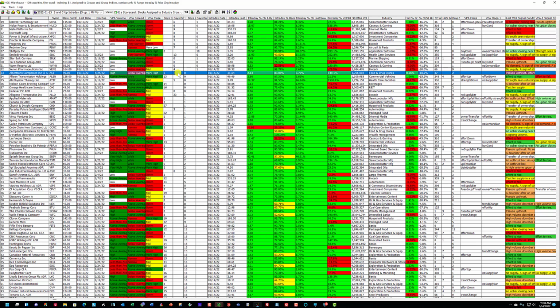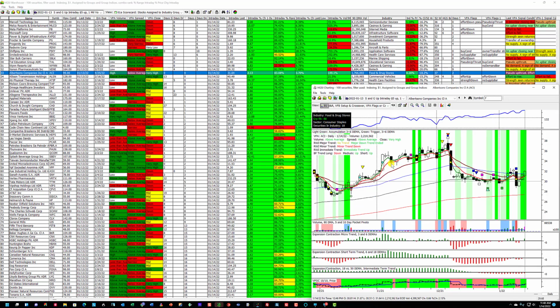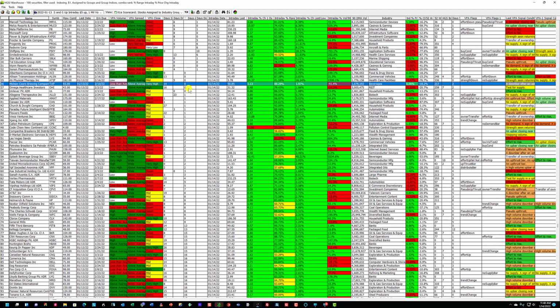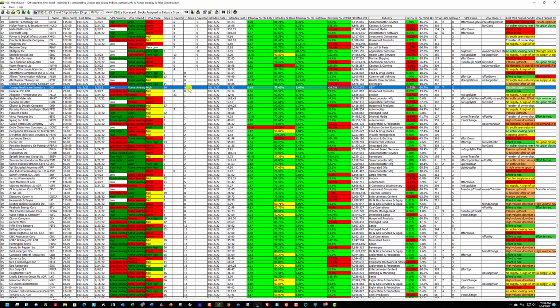Now I'm going to sort on the zeros here. So this tells me both the 3 and the 6 crossed over yesterday, as did the VPOC, and it's up 2.13% today. So there's an entry that may just be going. It's a good group. Let's look. There's Allison Transmission. Let's find one more of these here.